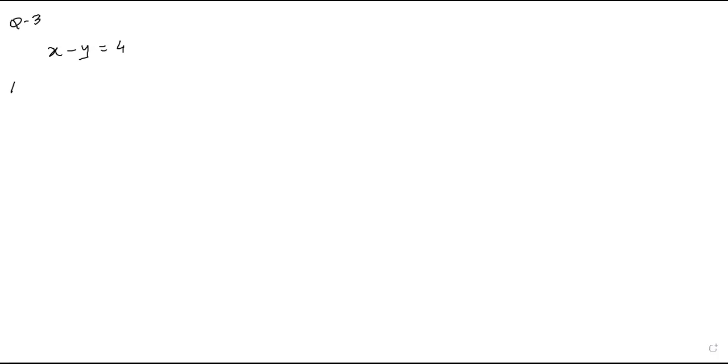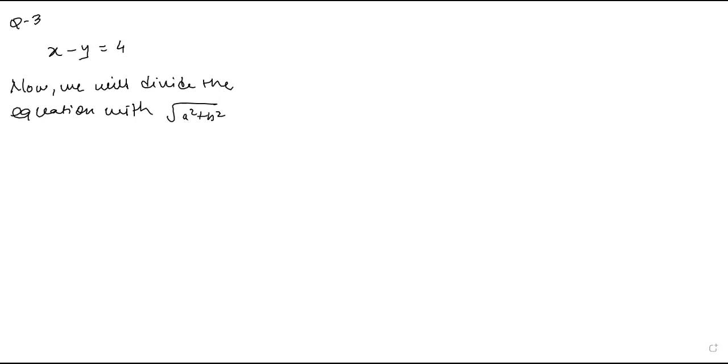So directly we will divide the equation with square root a square plus b square, that is 1 whole square plus minus 1 whole square, that is root 2. So 1 by root 2 x minus 1 by root 2 y is equal to 4 by root 2.